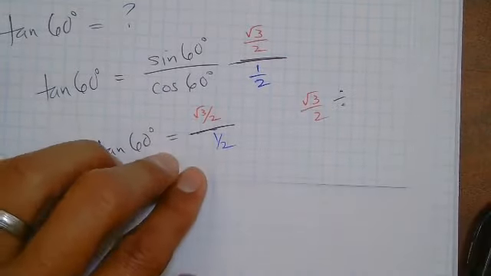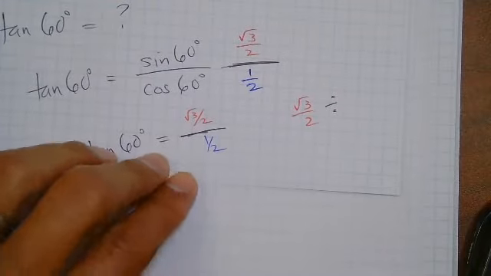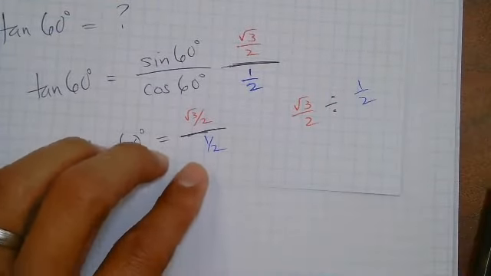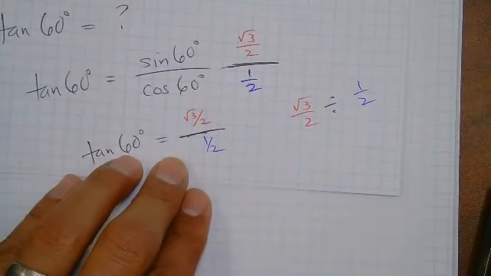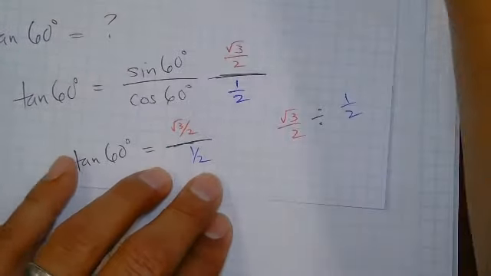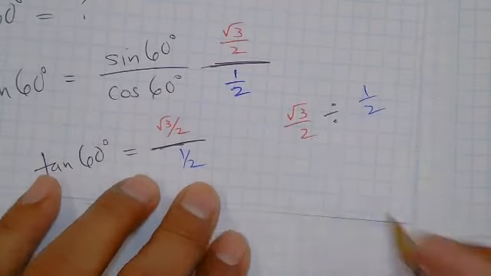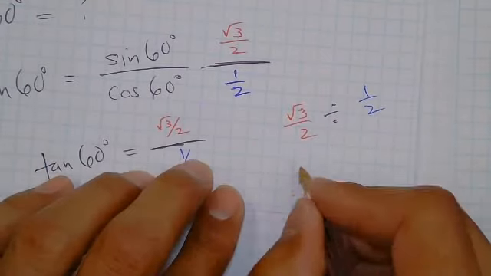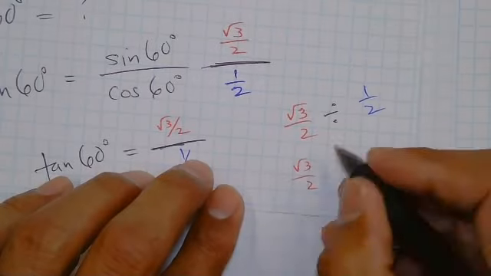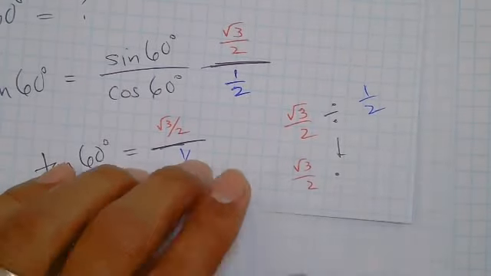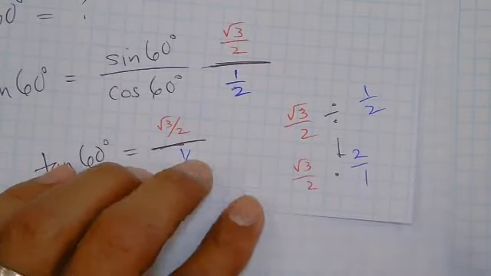Like this. Remember, you're going to rewrite it like this. The square root of 3 over 2 divided by what? 1/2. That is correct. How do you flip it back? Everybody agree it's going to be the square root of 3 over 2 times, right? Times what?